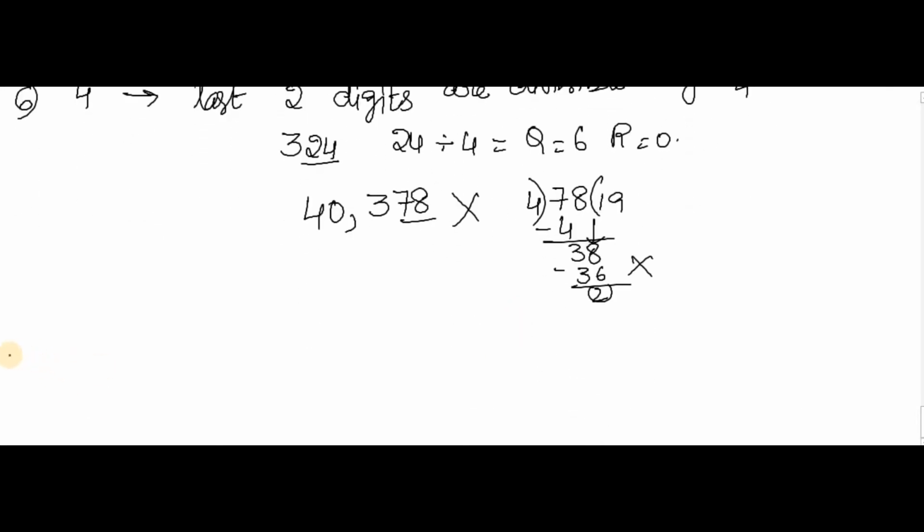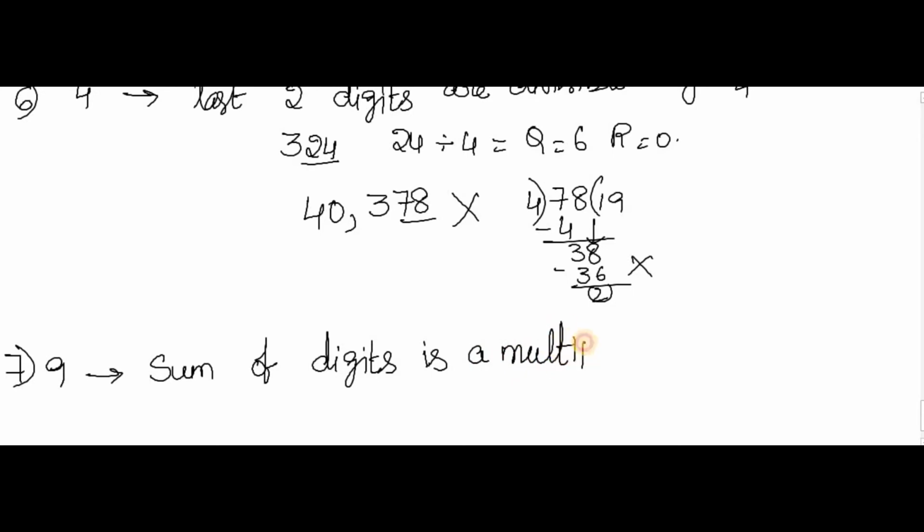Now in the same way we'll go for the divisibility rule of 9. It is similar to the divisibility rule of 3. If the sum of the digits is a multiple of 9, then the number is divisible by 9.